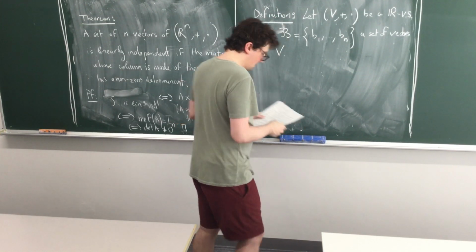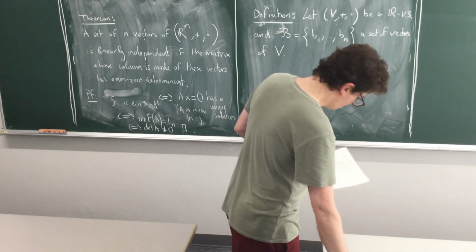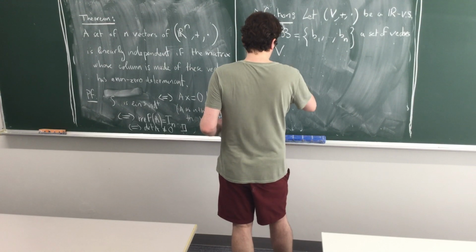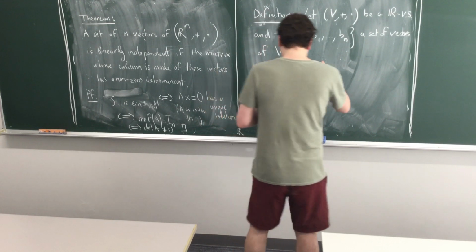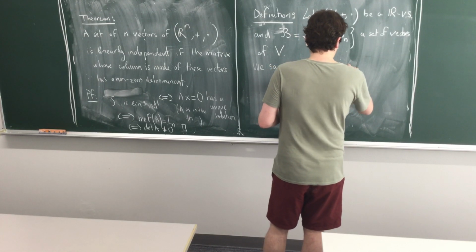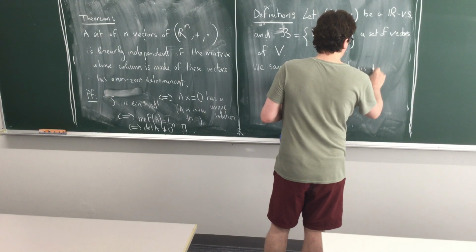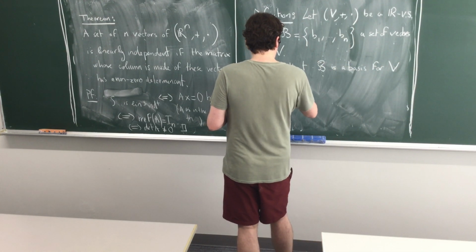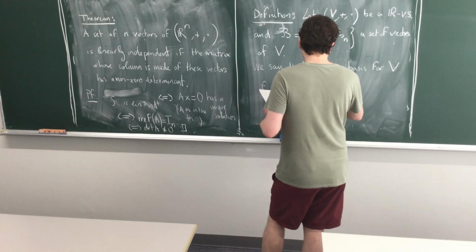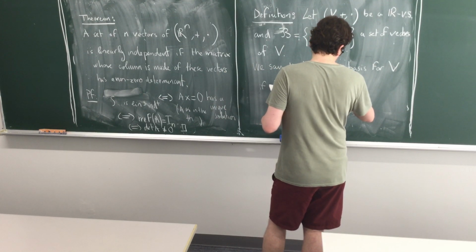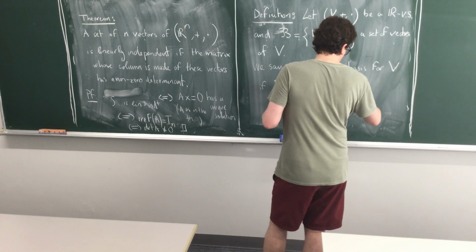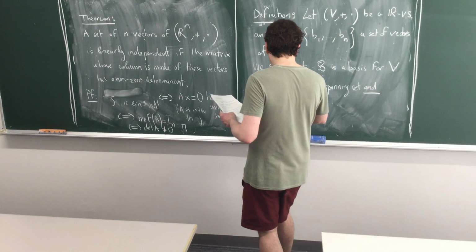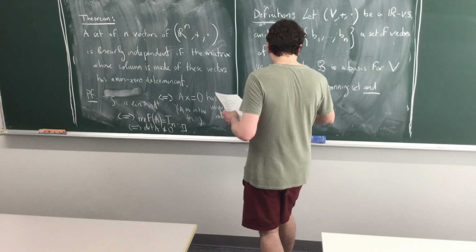Then we say that B is a basis for V if B is both a spanning set and linearly independent.